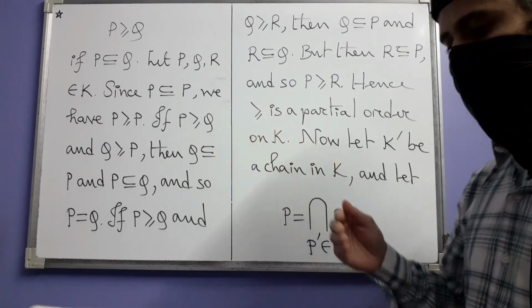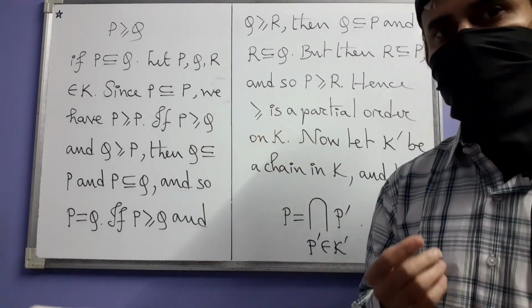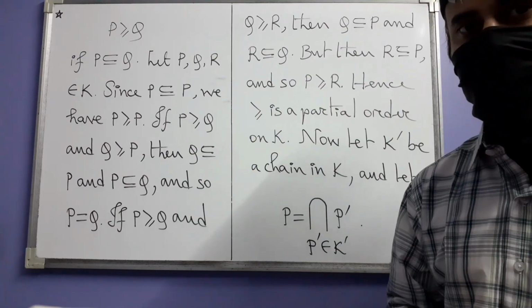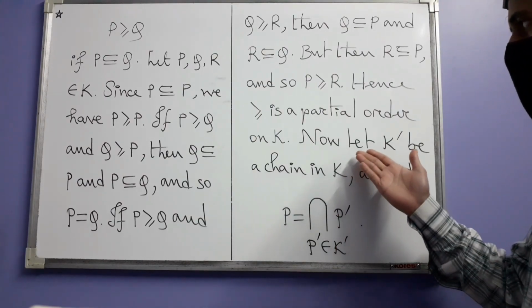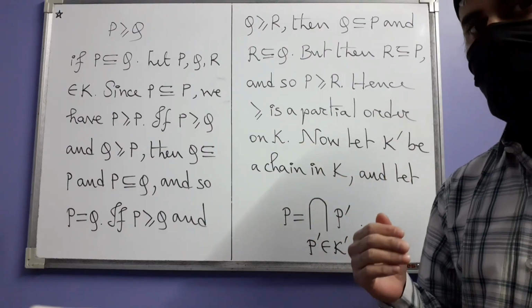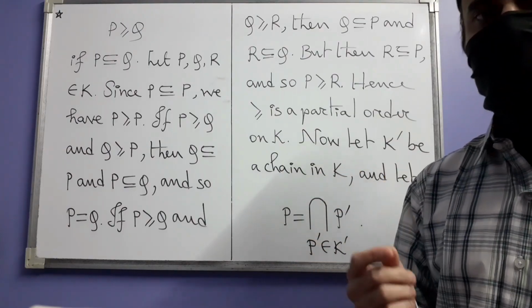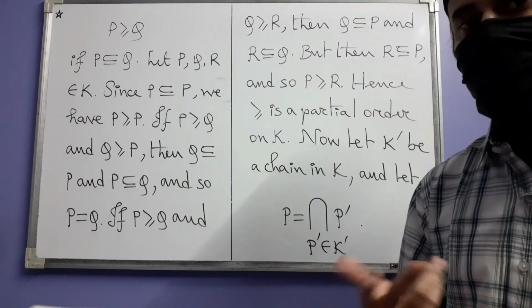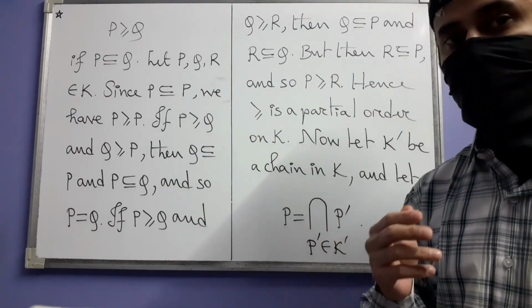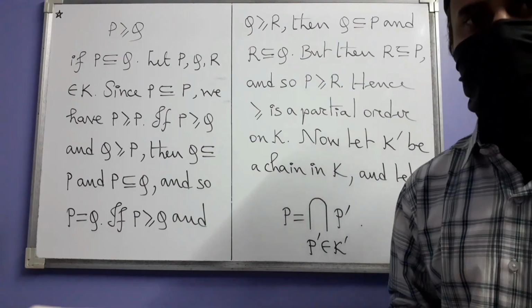Now to be able to apply Zorn's lemma, we still need to show that every chain in K has an upper bound in K. So accordingly, we let K prime be a chain in K. And now we want to produce an upper bound for this chain in K. What is a chain? Recall that a chain in a partially ordered set is a totally ordered subset of it.